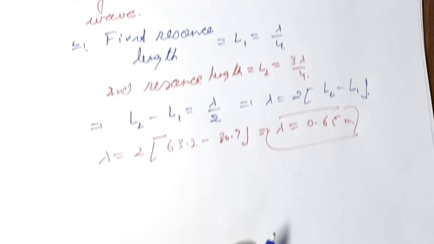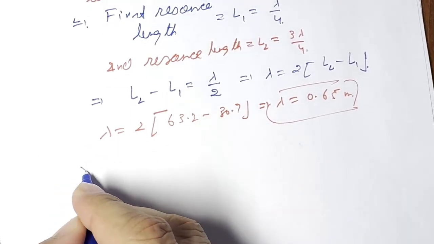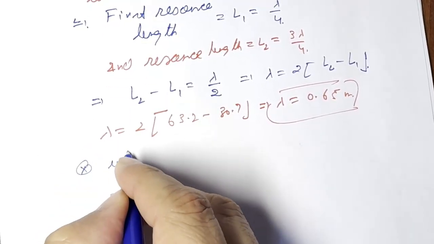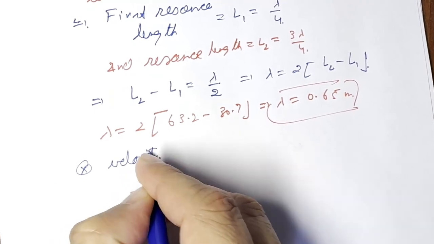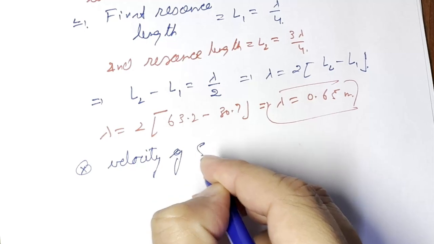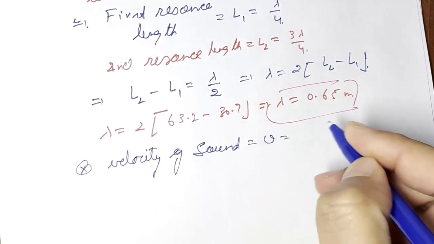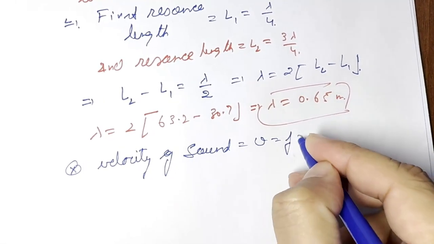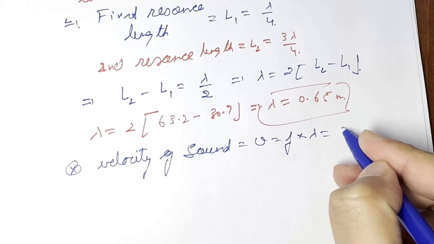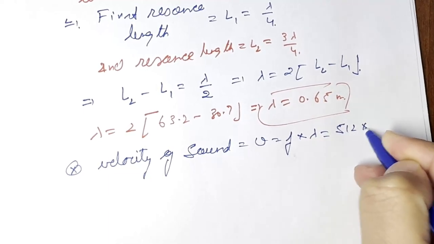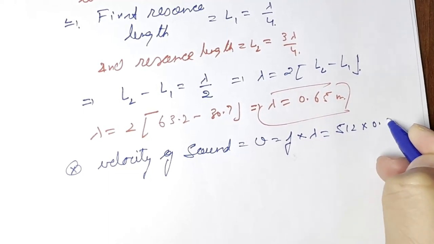Now we can find the velocity. Velocity of sound, let us call it V. V will be equal to frequency multiplied by lambda. Frequency is given as 512 Hertz, and lambda we just found is 0.65.